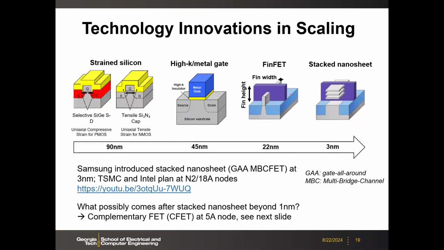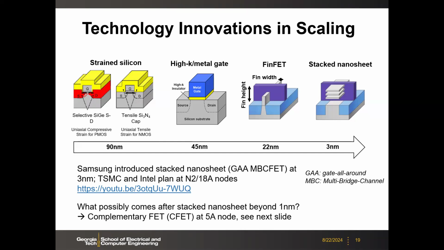All right. So then here is a quick summary, right? Here are some key innovations in logic scaling. As I said, at 90 nanometer, strained silicon was introduced to boost the mobility. And strained silicon means you use maybe silicon germanium as a source drain instead of pure silicon to put some stress on the channel, which will change the crystal structure and then the mobility.